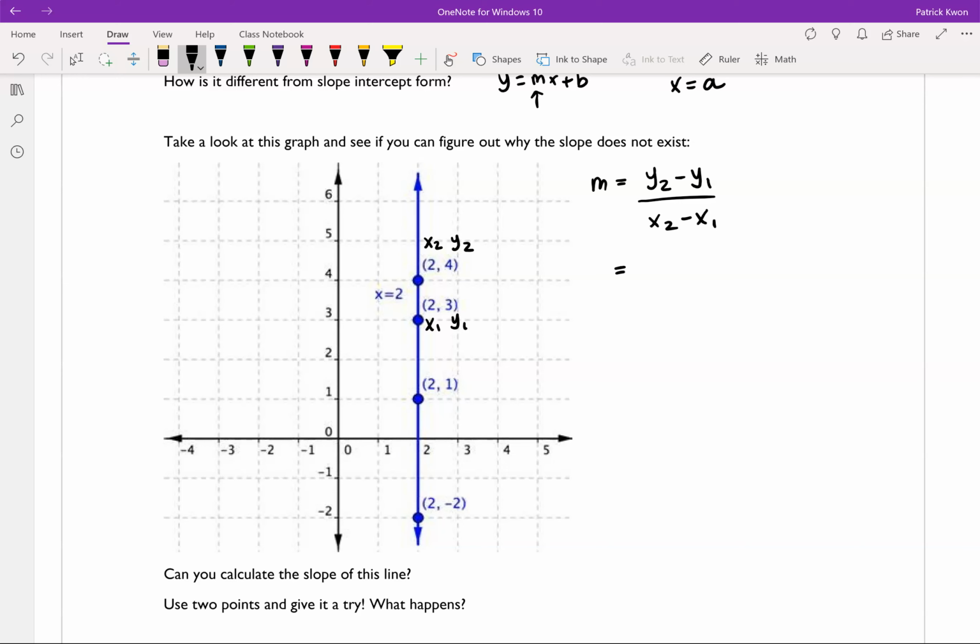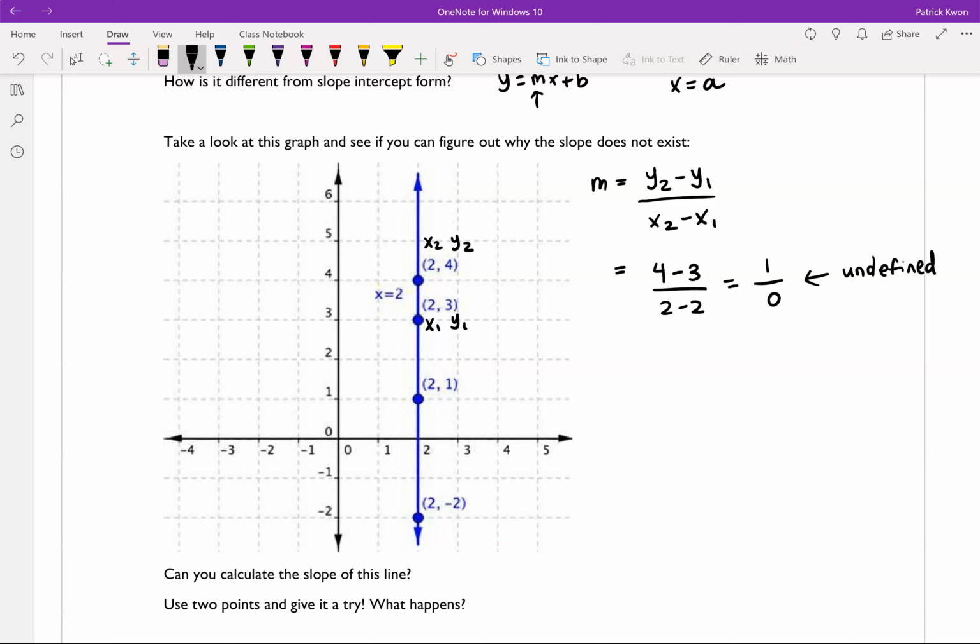So if we plug in those values, we'll get 4 minus 3 over 2 minus 2. And if we simplify that, we get 1 divided by 0. And you've probably heard in a math class or somewhere before that you can't divide by 0, and we say that this is undefined. And so this is illustrating why there's no slope in this scenario.